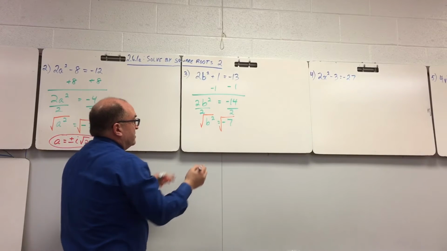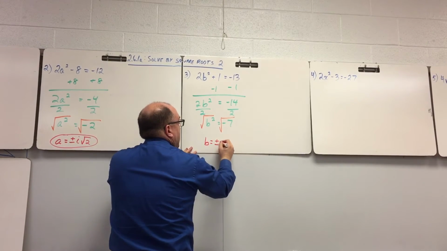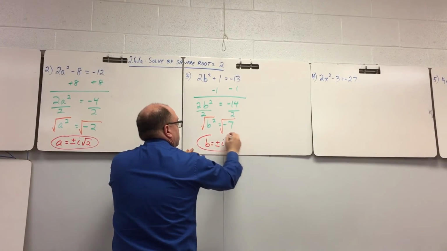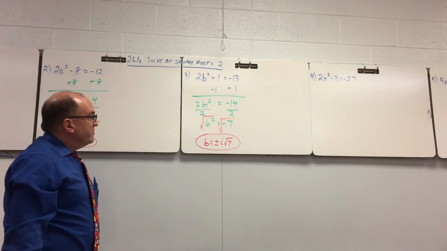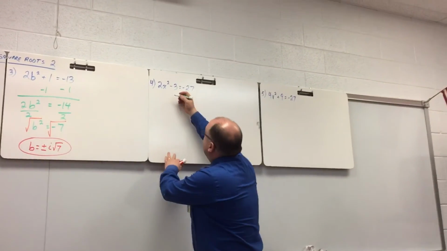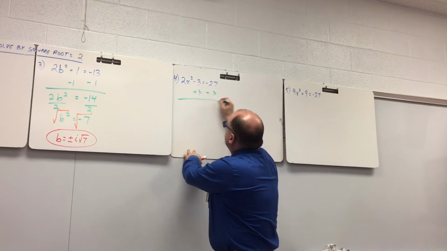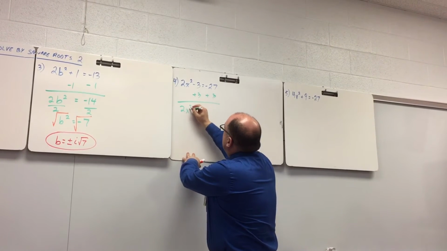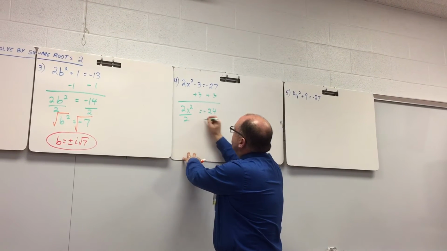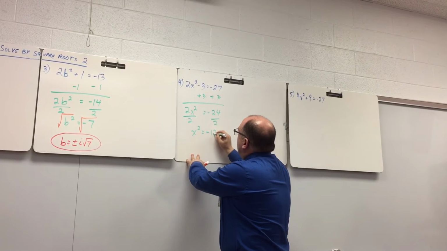Okay. And b equals plus or minus i square root of 7. Done. Okay. Over here, add 3 to both sides. 2x squared equals negative 24. Divide by 2. x squared equals negative 12.